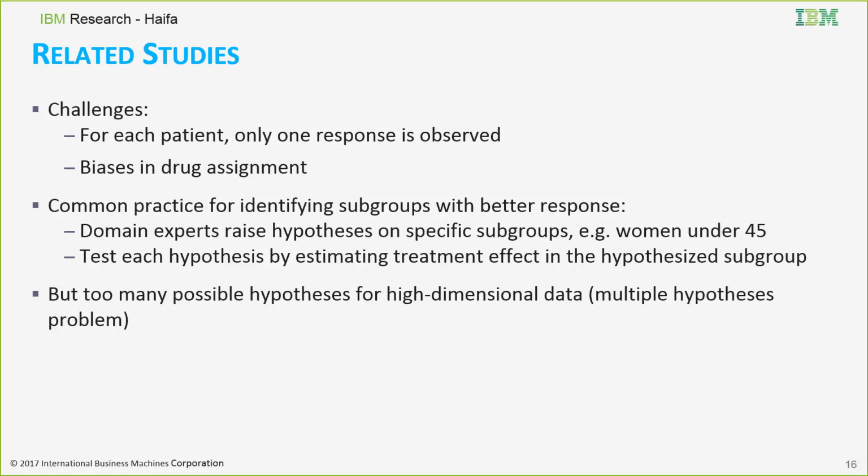So actually the usual challenge is that we always have only one outcome for each patient, and an outcome only for one of the treatment choices, and many biases in assignment of treatment to patients. And what pharma usually do, that's what they told us, is that domain experts raise some hypothesis as to which subgroup may benefit from a specific drug compared to the other drug, and then test it over the data.